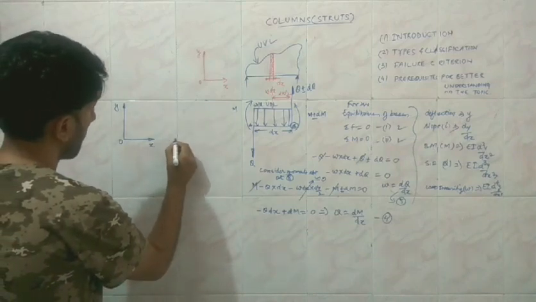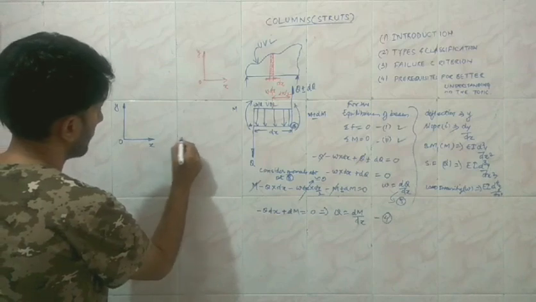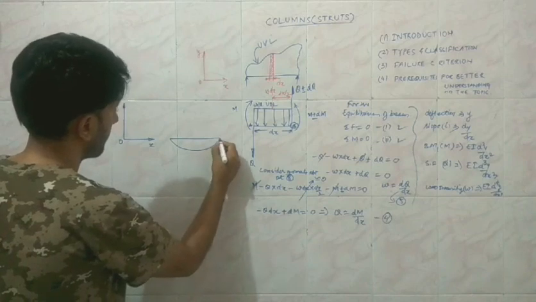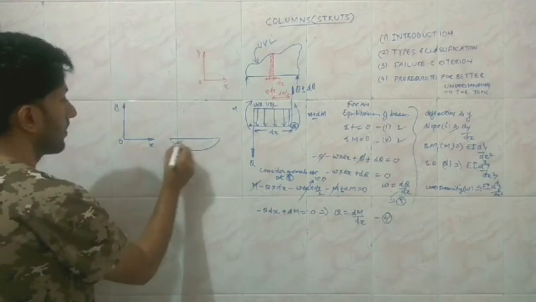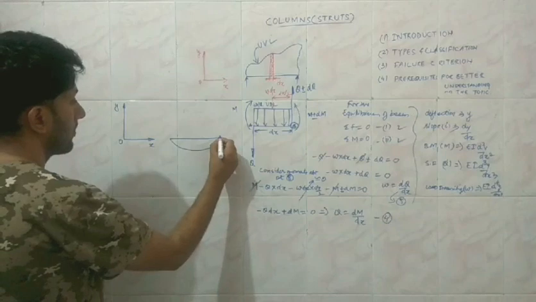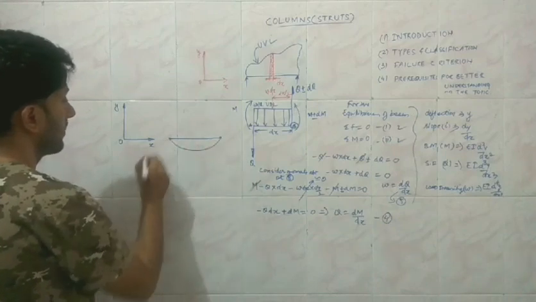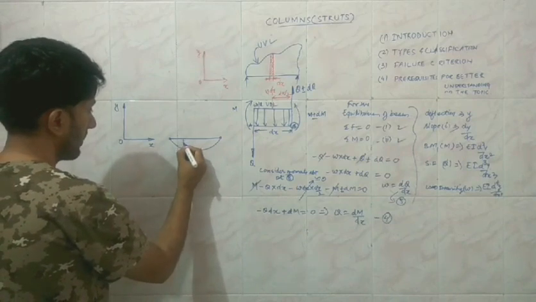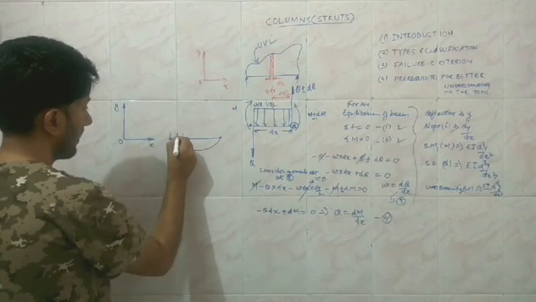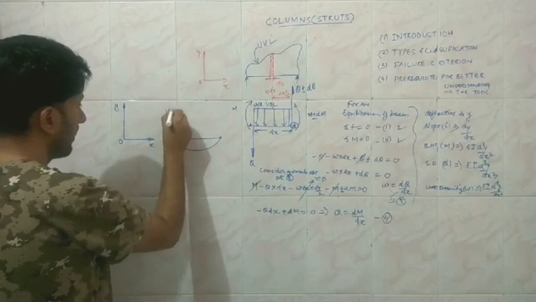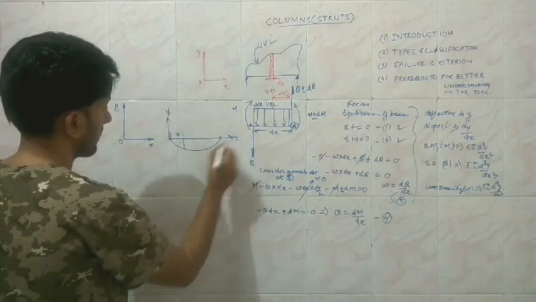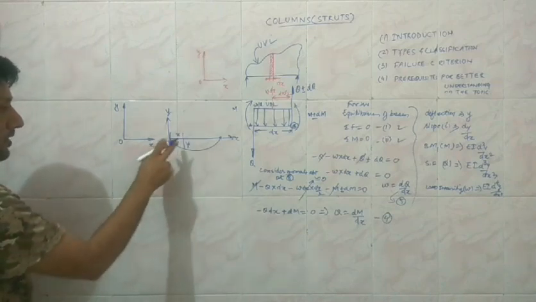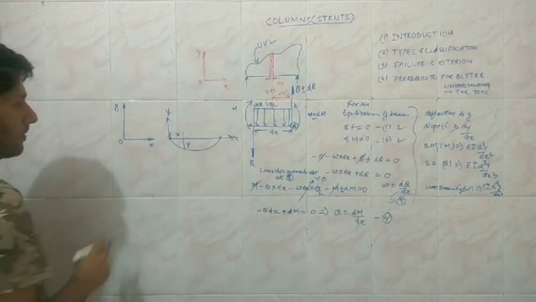For this coordinate system, if we are choosing a beam, and say it is being deflected this way, then at any x this is the direction y, and this is the direction x. So at any x, the value of y is negative in this case.